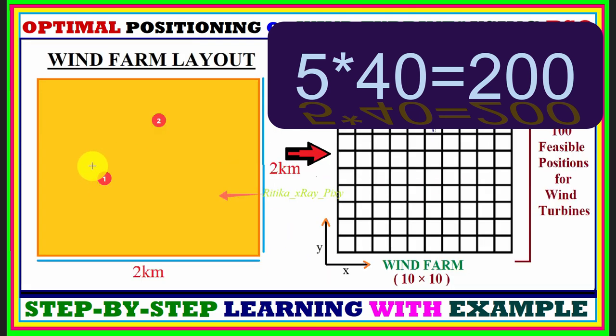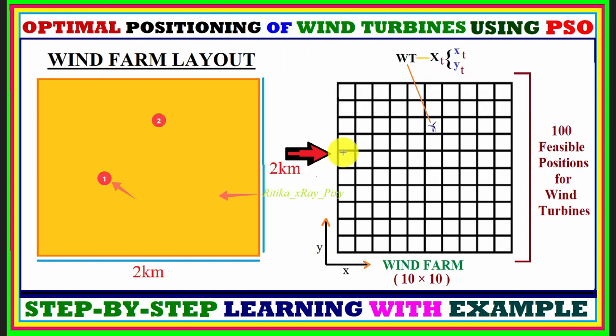So here the minimum distance that we will consider between two wind turbines is 5 times rotor diameter. So here we have 40 into 5, that is 200 meter. This is the minimum distance we will consider between two wind turbines.